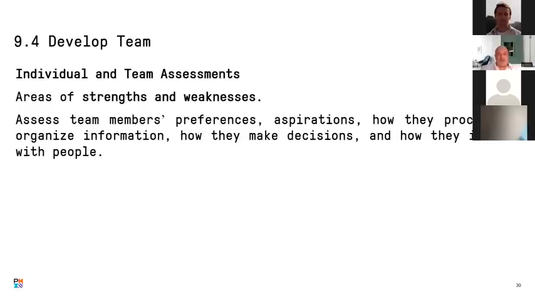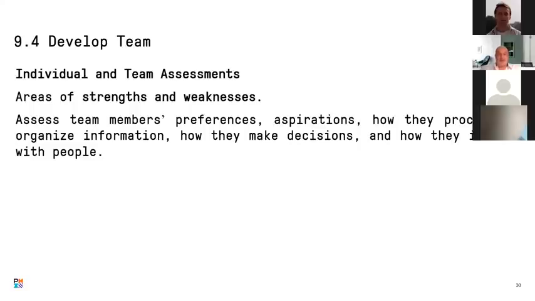In other words, maybe you have come across a term before called SWOT analysis: strengths, weaknesses, opportunities, and threats. If you know the strengths and the weaknesses of each of your team members and of the team as a whole, then you are going to develop the team based on this.